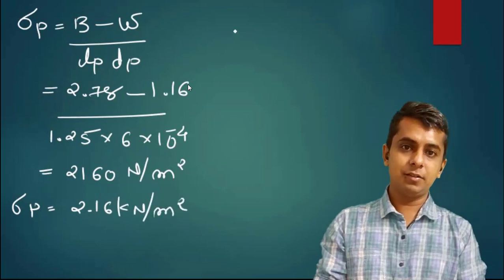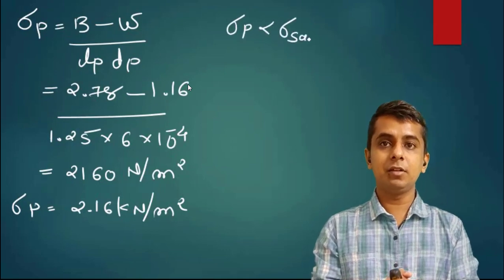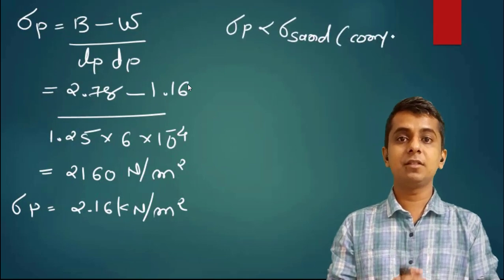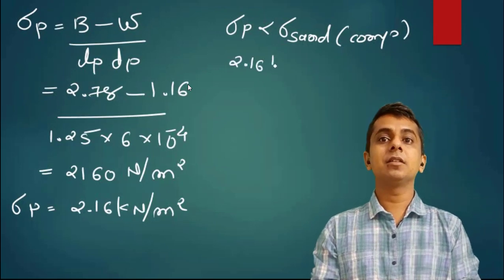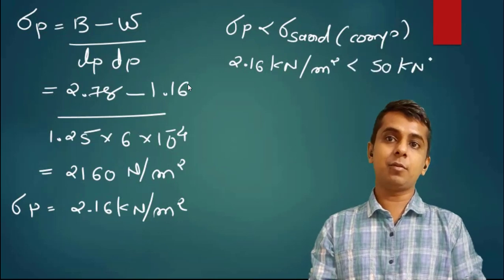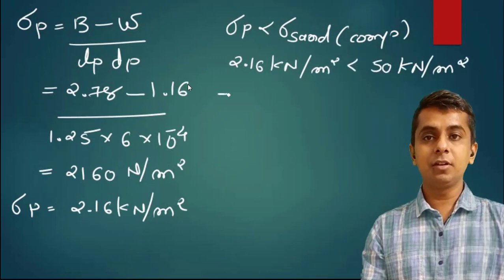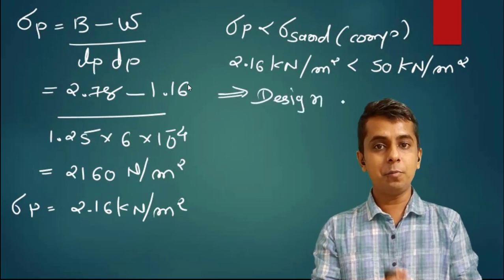This stress should be lower than the compressive strength of the sand mold, and as per the AFS standard, the strength of the sand mold is 50 kilonewton per meter square. This value is much lower, so we can consider the design of the core print safe.